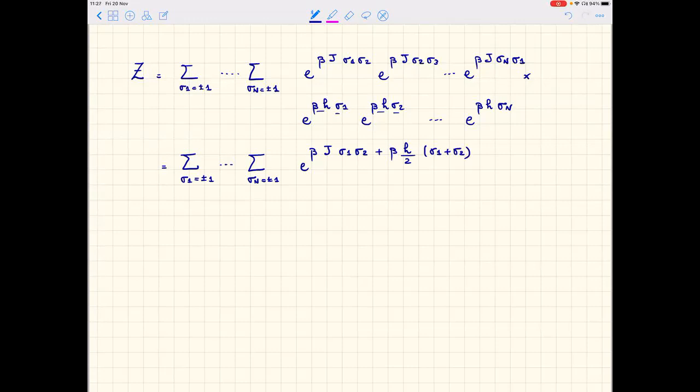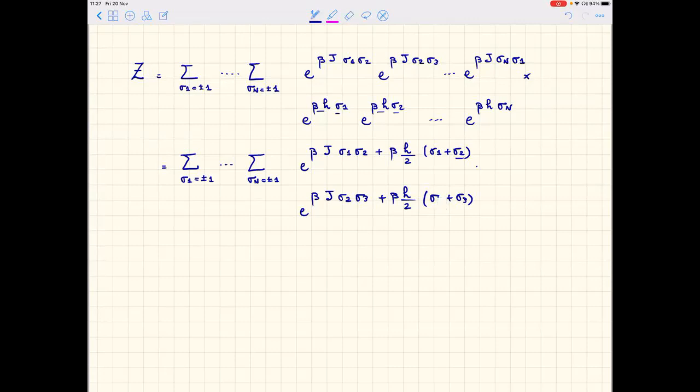Why I put half? Well, you'll understand in a second, because if you write the next one, it is going to be e to the beta J sigma 2 sigma 3 plus beta h over 2 times (sigma 2 plus sigma 3). You see, I put half of the term with sigma 2 in the first exponential, and the other half I put in the second one. This way I obtain the most symmetrical way of writing this sum.